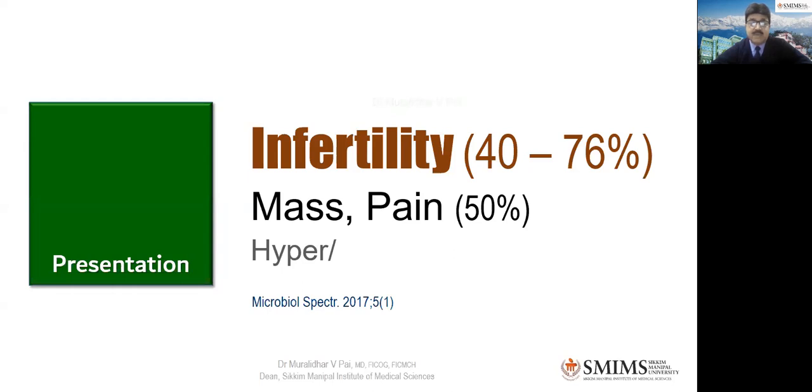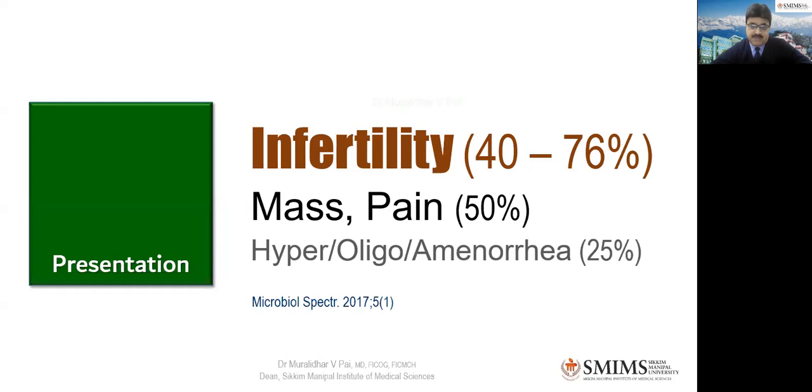As I said, the main menstrual problem that you can see initially is hypermenorrhea, then oligomenorrhea, and finally amenorrhea. So hypermenorrhea in the beginning, when there is inflammation going on, then once the endometrium gets destroyed, there would be oligomenorrhea and finally amenorrhea.